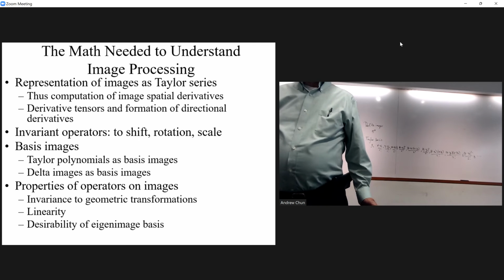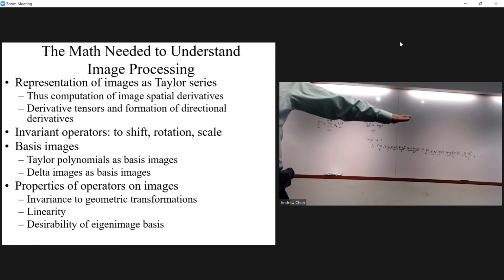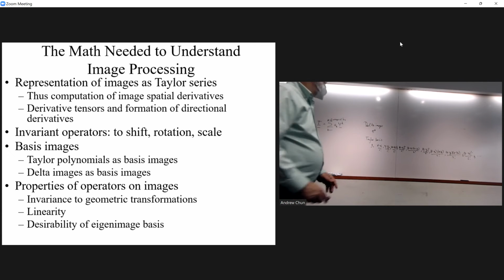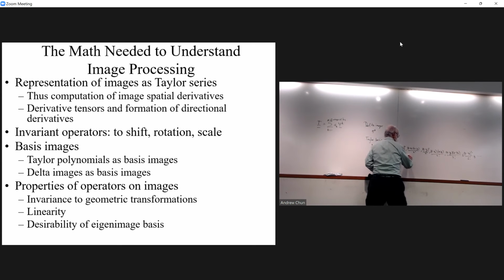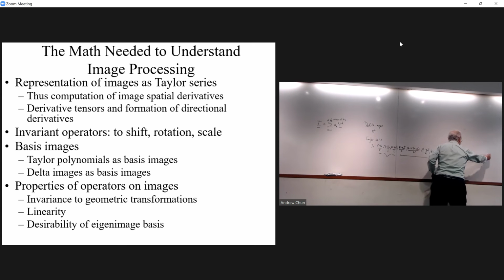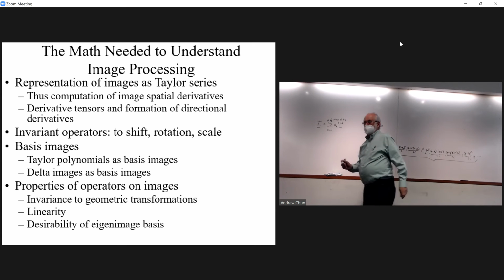So the coefficients of these polynomials are first derivatives here, and second derivatives here, and going on, third derivatives.